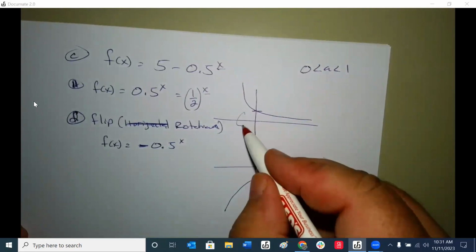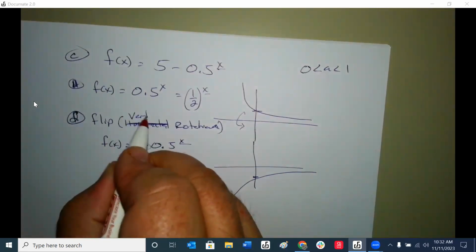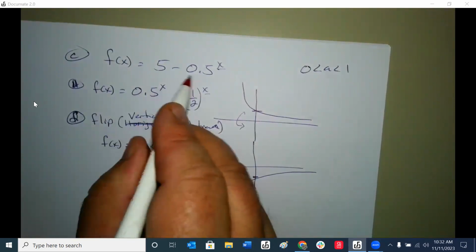It flips across the entire x-axis. So there's no horizontal shift. There is a vertical flip because it's outside the function.